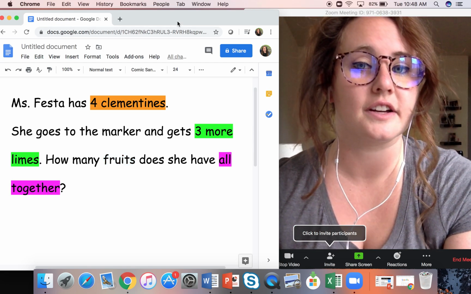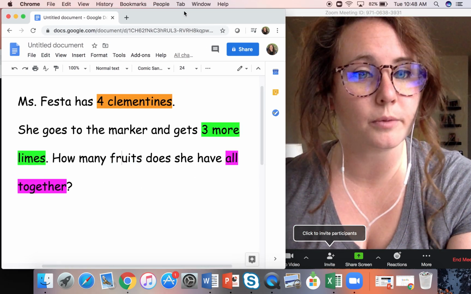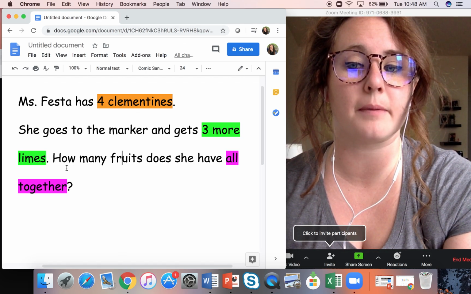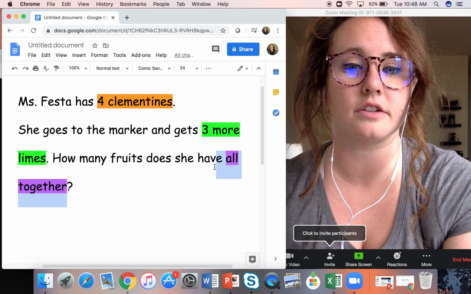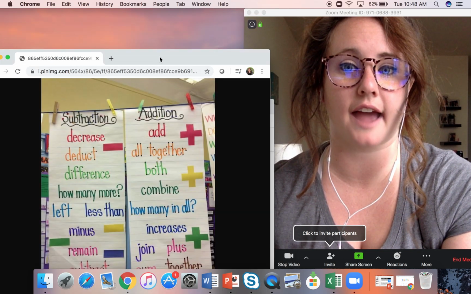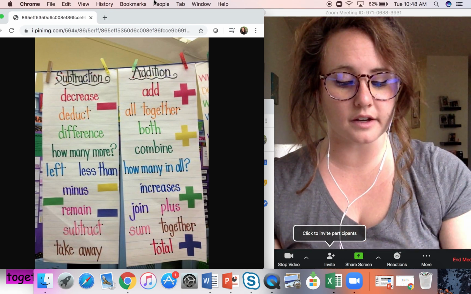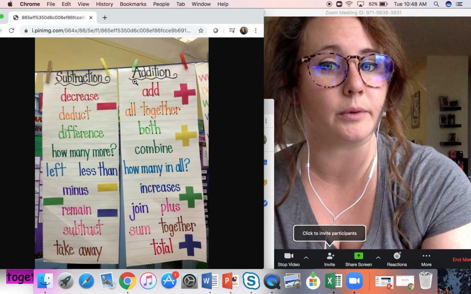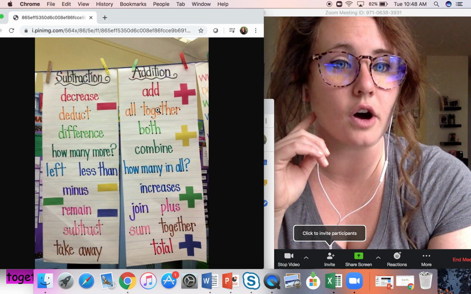All right, guys, so just to recap, when we're working with our word problems, we're going to highlight our important words. We're going to think about what the problem is asking us to do. Is it asking us to add, or is it asking us to subtract? And we can look at things like our words that could tell us that. So if we're adding, we are putting things together, all together.